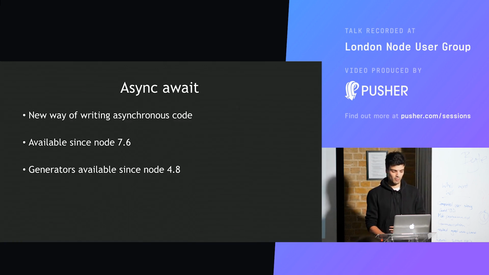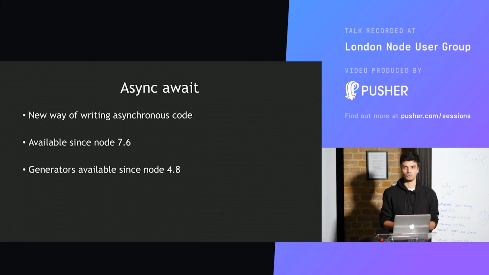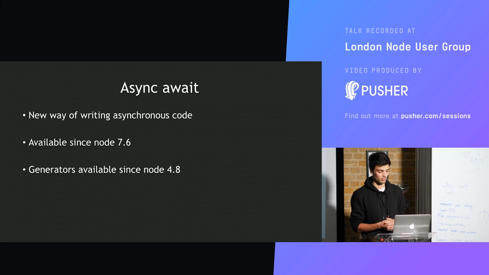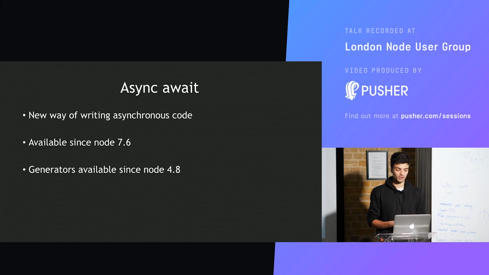And now, Koa is using async await in a new version. Async await is probably the new way of writing asynchronous code in Node, in JavaScript in general. But if for any reason you are stuck on an old version of Node because you have an old infrastructure or you can't update, you have dependencies, then generators are available since Node 4.8, whereas async await is only for version 7.6.